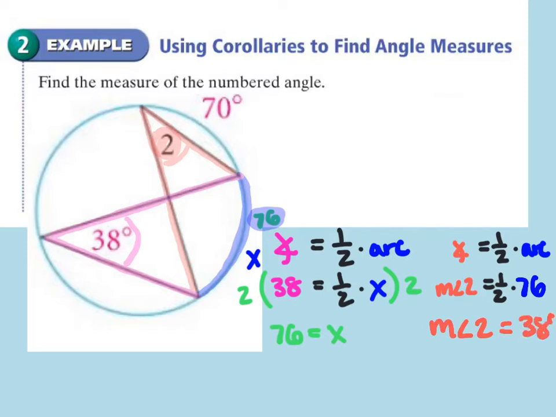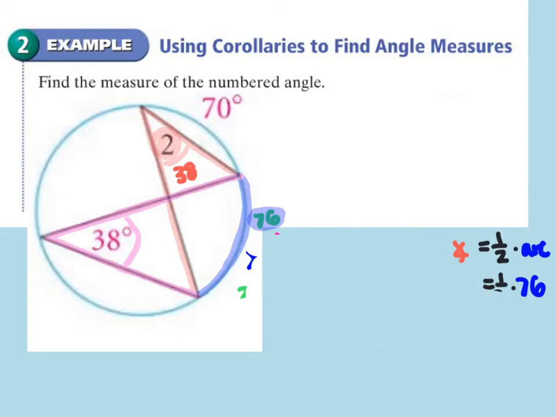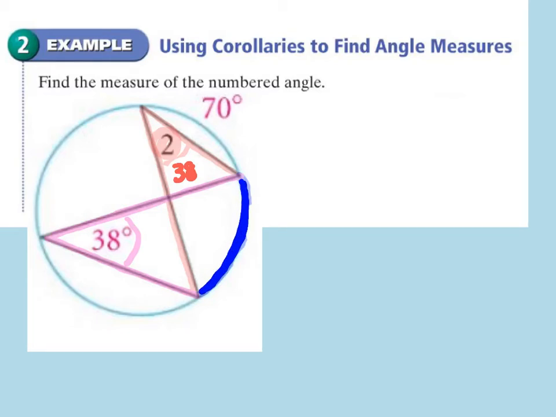Now this works, however, this is a long process to get the fact that these are the same angle measures. What you could do instead, without doing all this work, there's nothing wrong with it, but the corollary that we found said that since these two angles intercept the same arc, we can assume that since this angle is 38, this angle is also 38, based solely on the fact that their intercepted arc is the same for both of these.